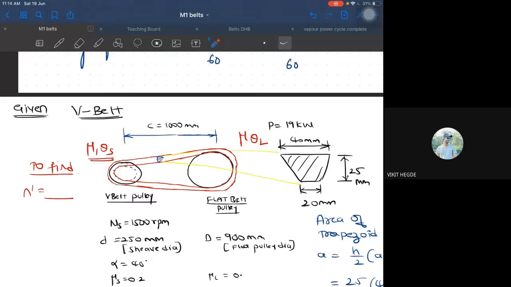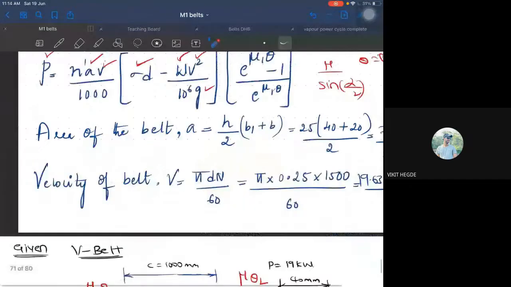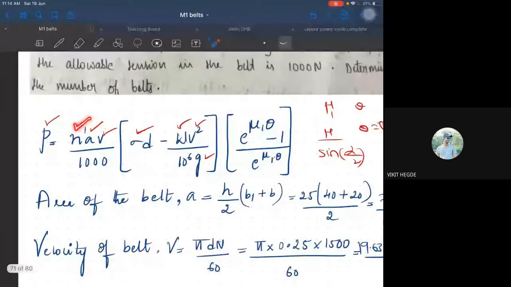For the flat belt, you have to calculate mu into theta l. Then compare these two values. Whichever is a smaller value, that you have to pick for your calculation of number of belts. So once the mu theta value is calculated, I guess you can easily calculate the value of n dash, and there ends the problem.